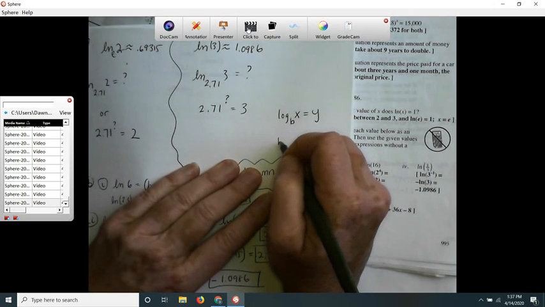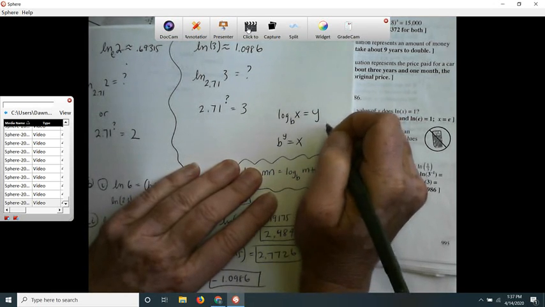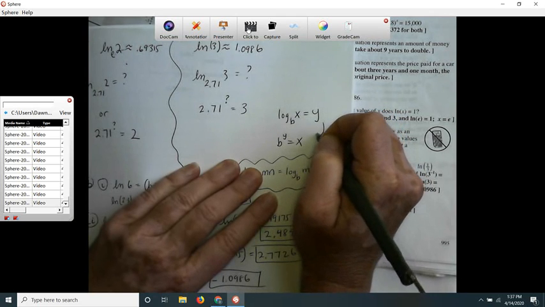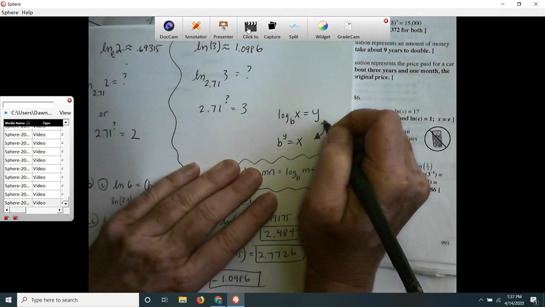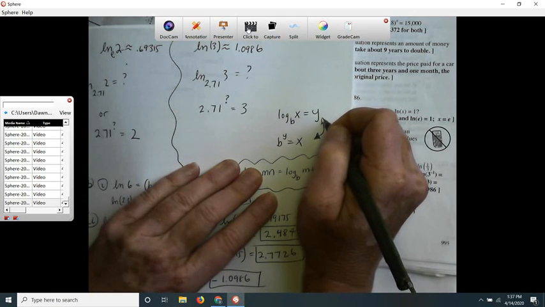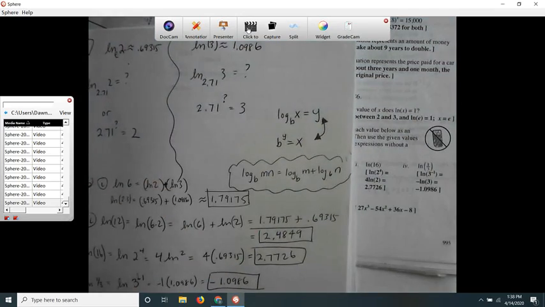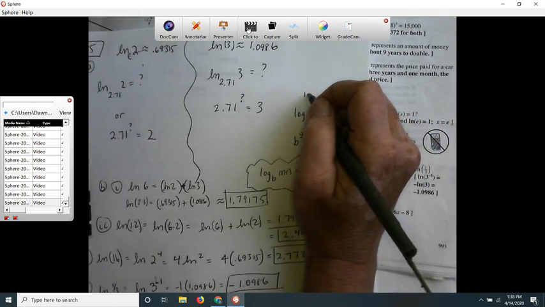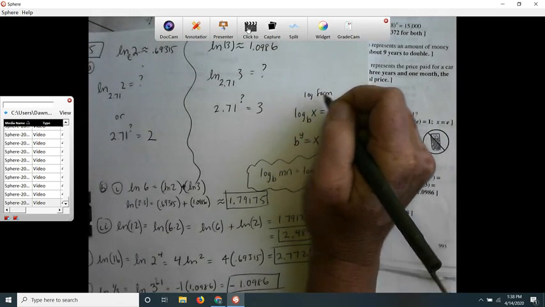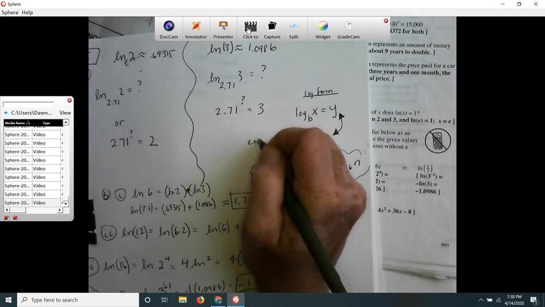I can say b to the y equals x. And they show it in your math notes box. I've given you a piece of paper with all the properties of exponents. This is logarithmic form, and this is exponential form.